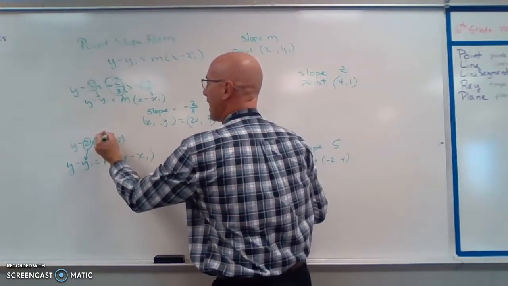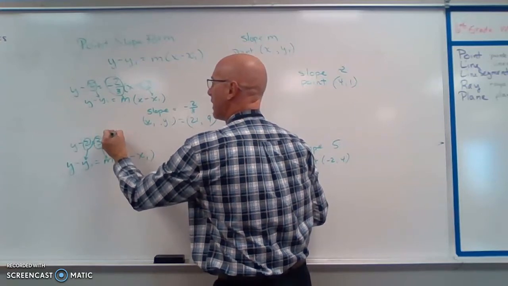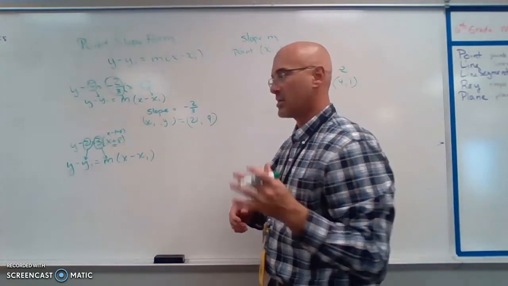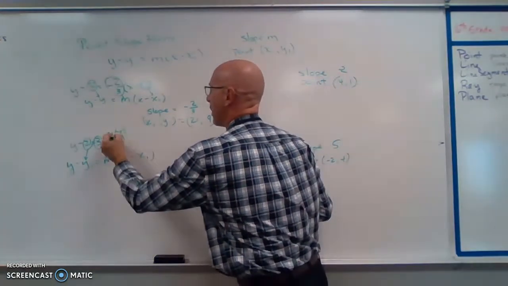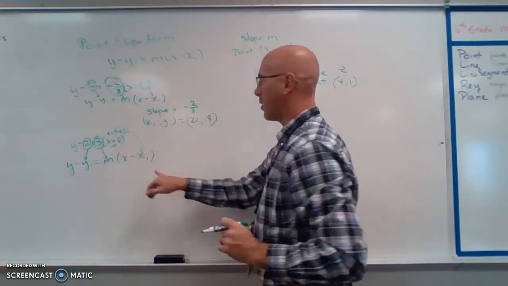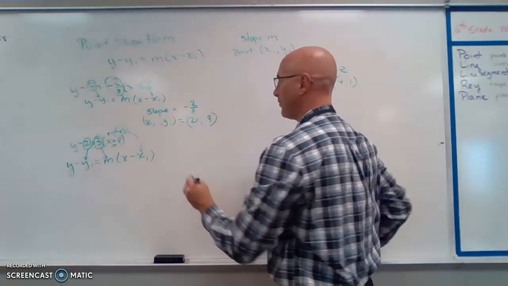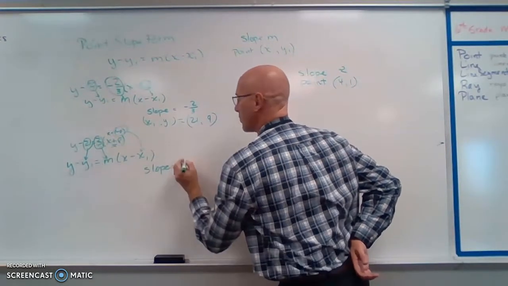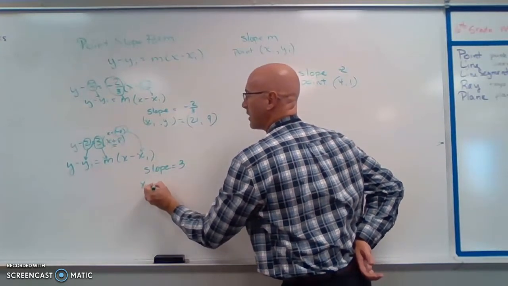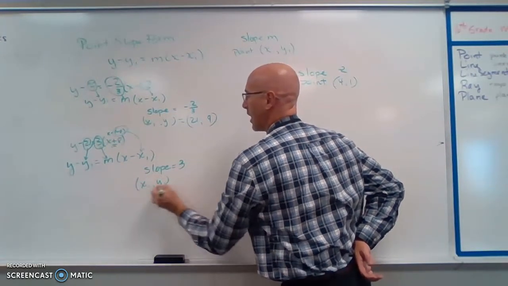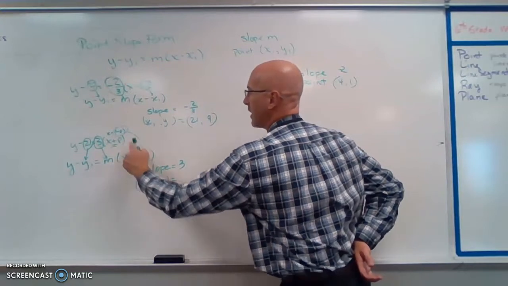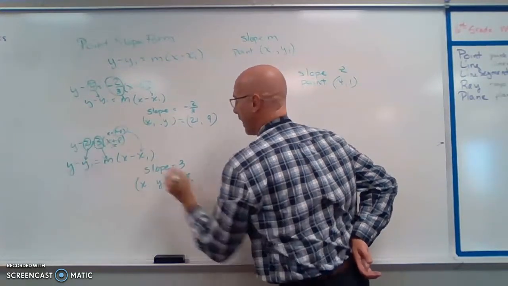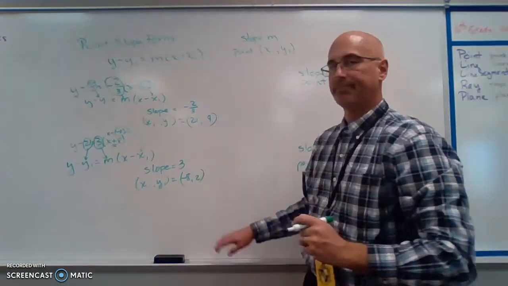So what we really have to do is rewrite this as x minus negative 8. Now this negative 8 is what corresponds to x1. So in this case, our slope is 3, and our point that it goes through, our x1, y1, so the x is negative 8, and our y is 2.